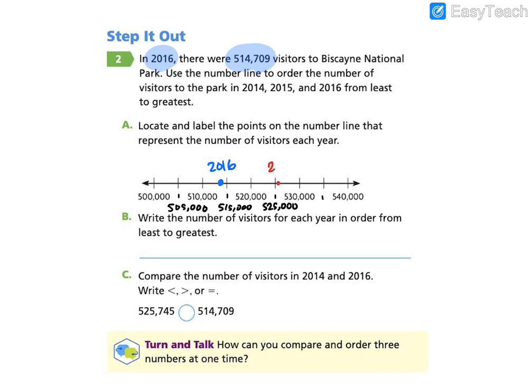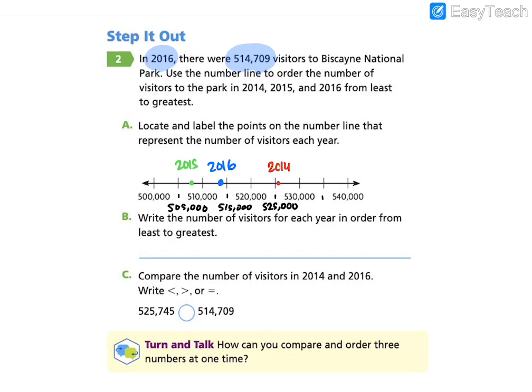And that was our 2014 number. And finally, let's go ahead and plot our point for 2015, which is 508,164. Well, that's greater than 505,000 and less than 510. So we know it's going to be somewhere around here. We can plot that point as 2015.